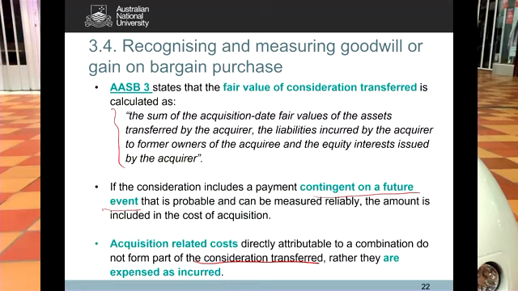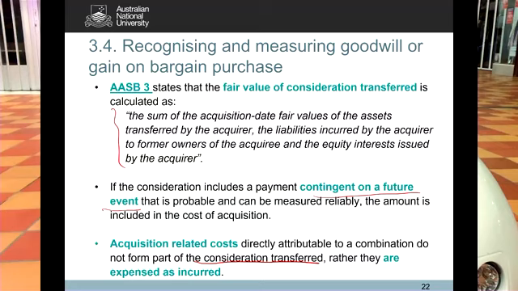Though they might be directly related to this business combination, like they may hire a lawyer, they may hire some assessor to assess the fair value, they may hire some accountant to help them with the transaction, they may involve the stamp duty.